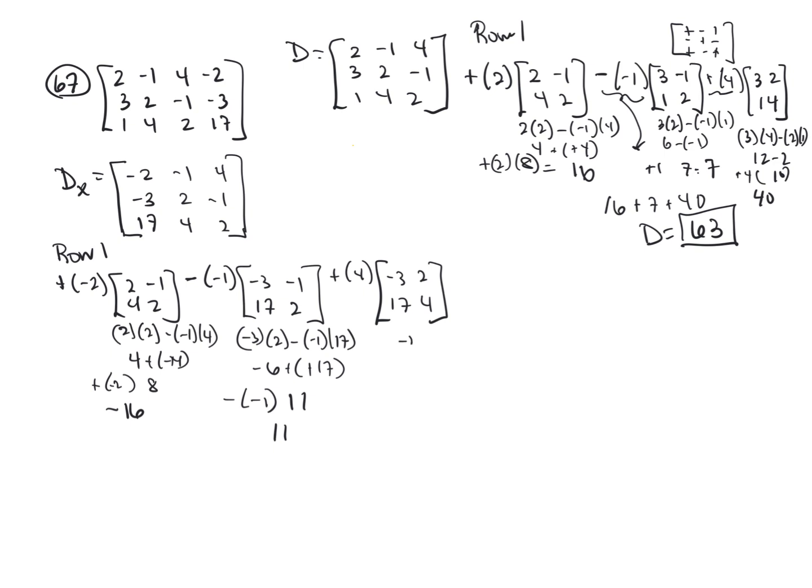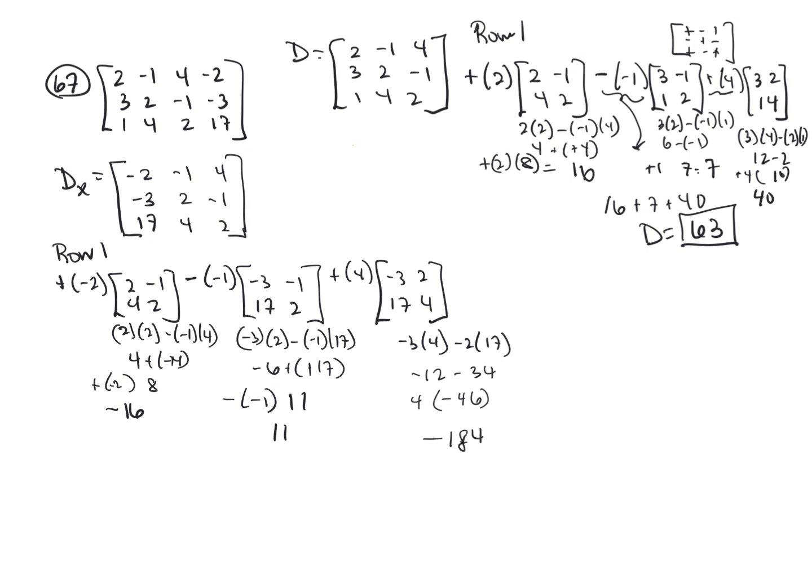And then negative 3 times 4 minus 2 times 17, negative 12 minus 34 is negative 46. We're going to multiply that by positive 4, so we get negative 184 maybe? Let me check, 46 times 4, 184, negative 184.